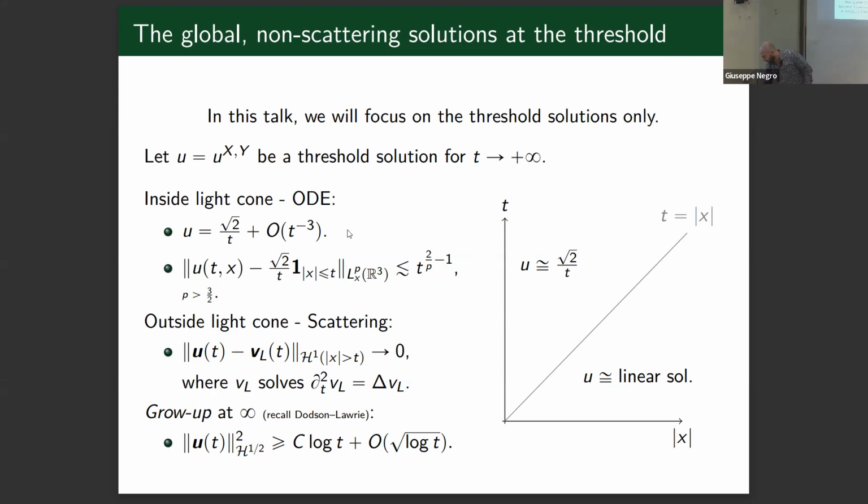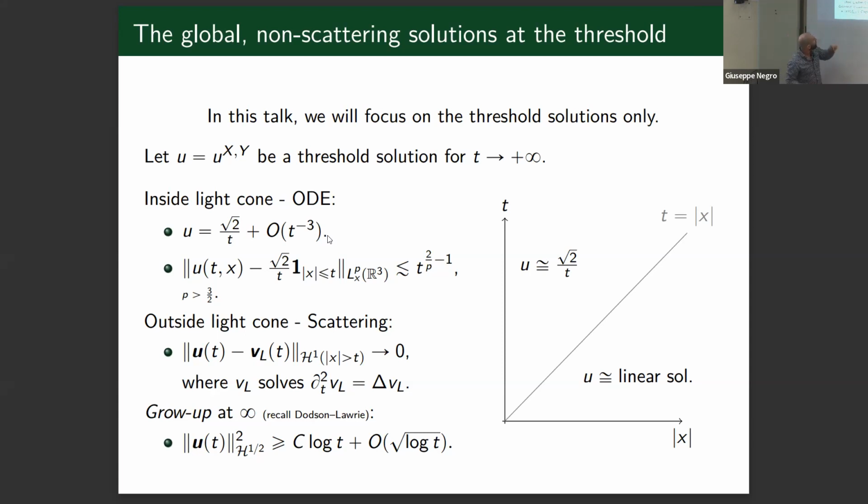The convergence to the ODE is both pointwise, so what does this mean? Fix a point x and let t go to infinity. Eventually you see square root of 2 over t with a remainder of t to the minus 3. Remember, these solutions are classical, so they are smooth with finite energy, and you can do pointwise estimates.